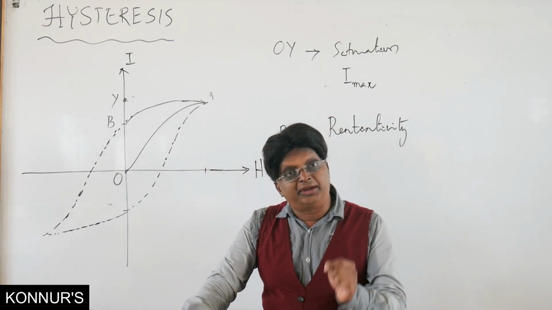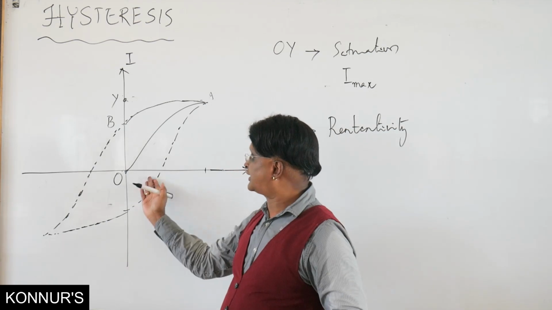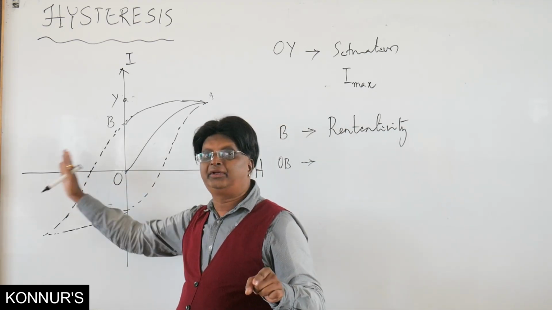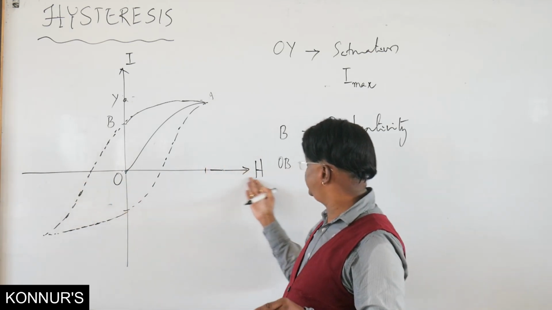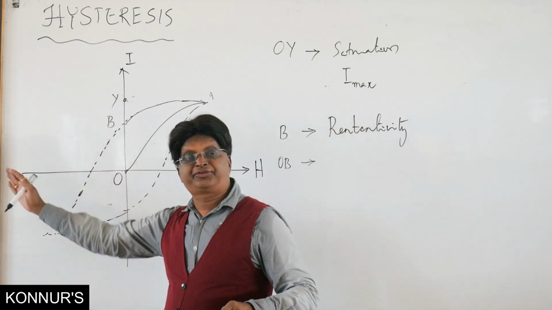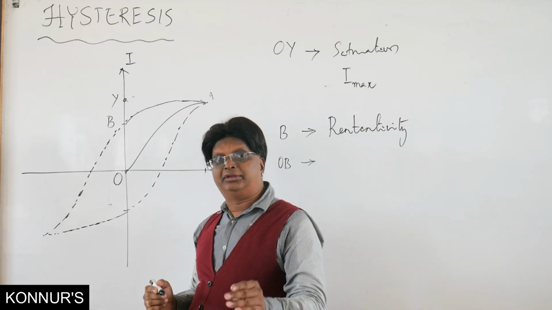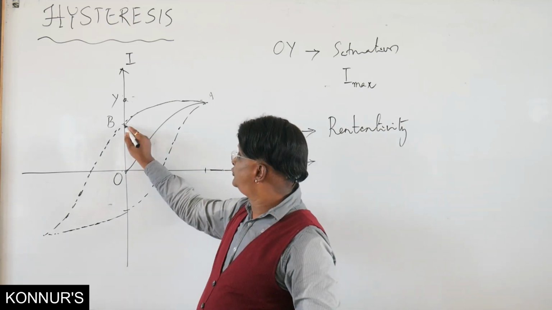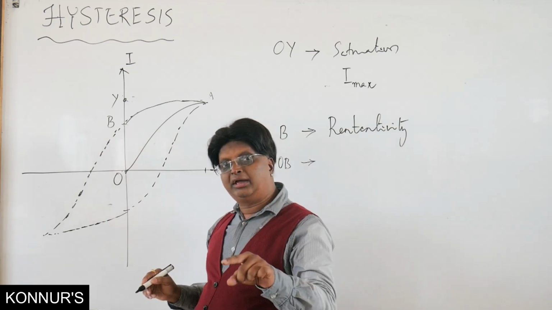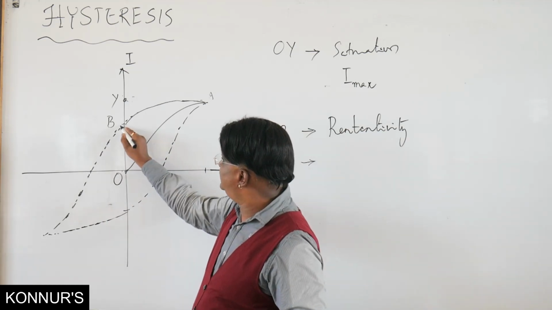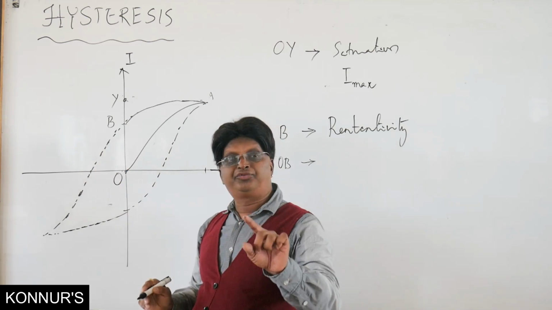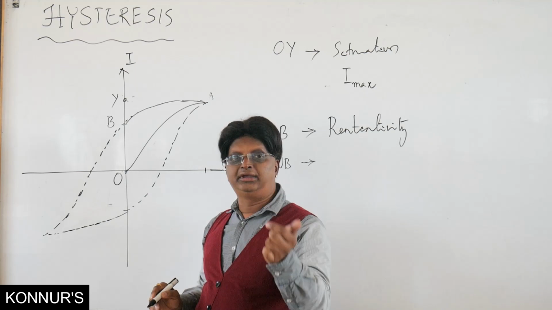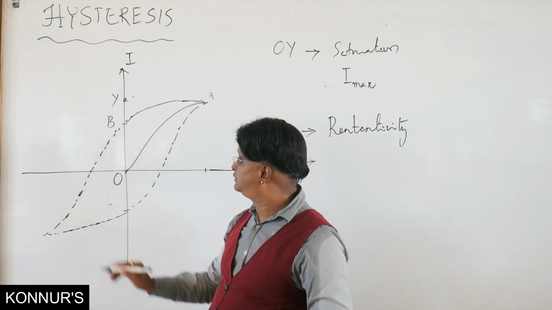To decrease the net magnetization, we reverse the direction of H, and that is why we can now see the other side of the axis. This is the reversed direction H, taking negative values for the vector.